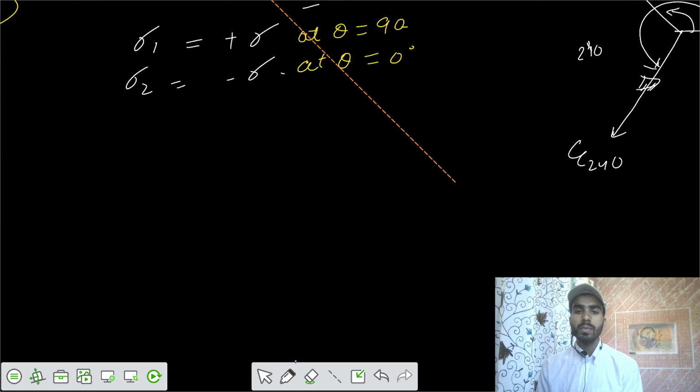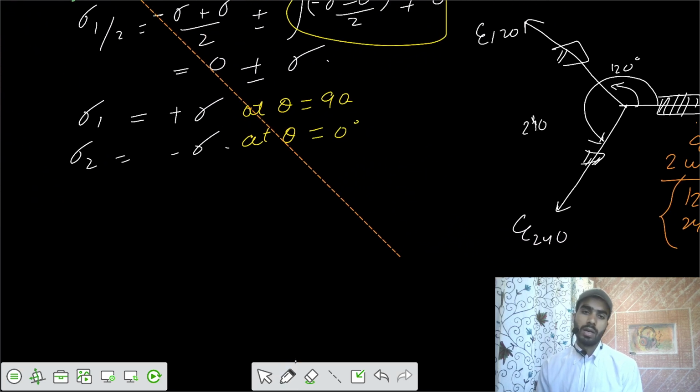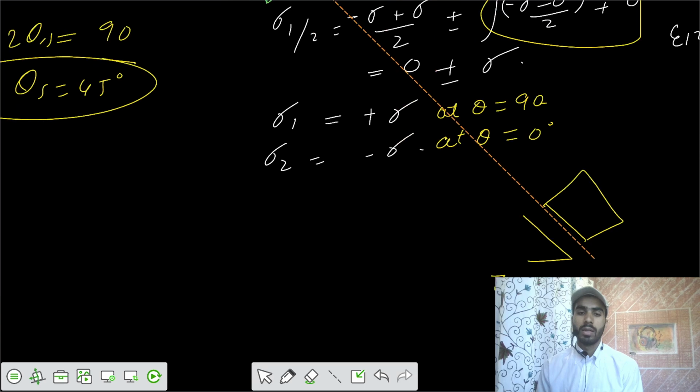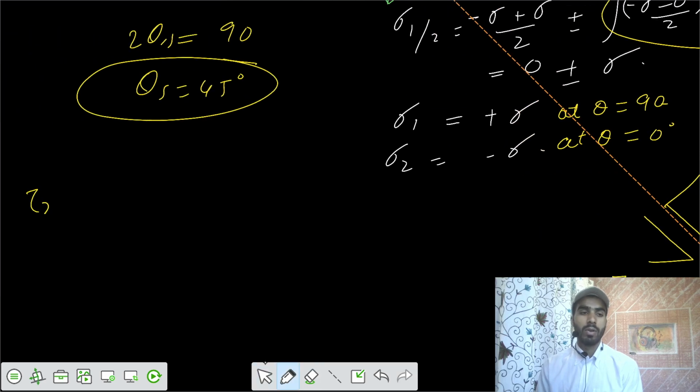So this is our concerned plane, at an angle of 45 degrees, and we want to say what's the value of tau xy here, and let's cross check that value. I would say tau xy dash at theta equals 45 degrees. Let's calculate that.